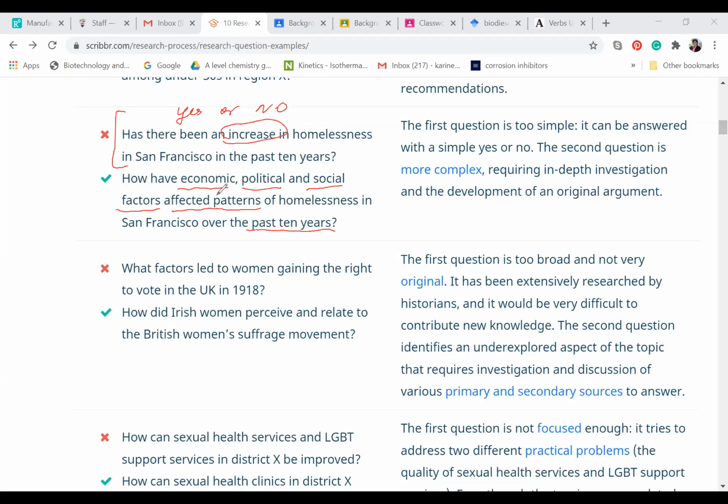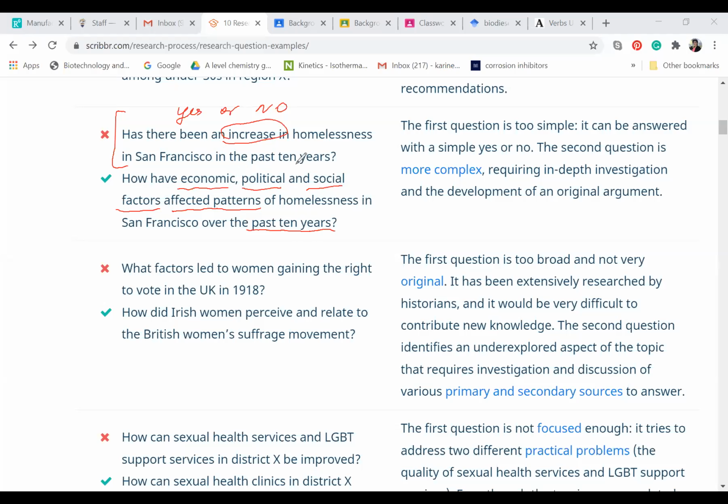So we are looking at economic, political, and social factors, which means the sub-problems would have been: how economic factors affect patterns of homelessness, one sub-problem.